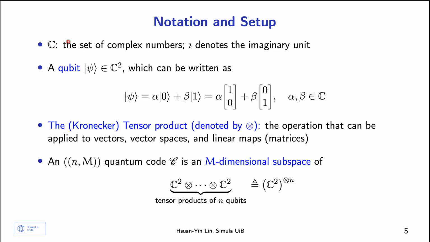So this is a complex number, and this is the imaginary unit. And how we represent a qubit is with this notation, they call this Dirac notation, bra and ket. And they denote this like so: 1, 0 and 0, 1, you can think of as two bases of the complex field, and alpha, beta are just some coefficients.